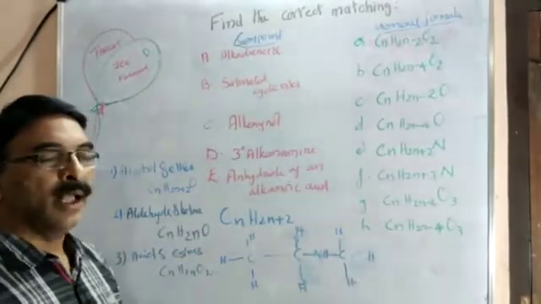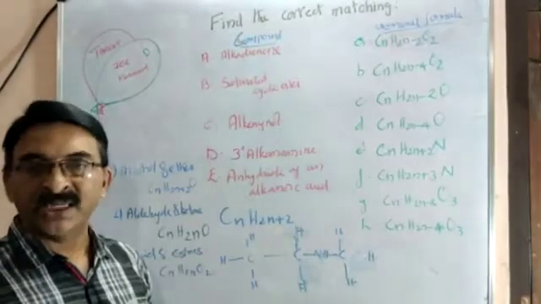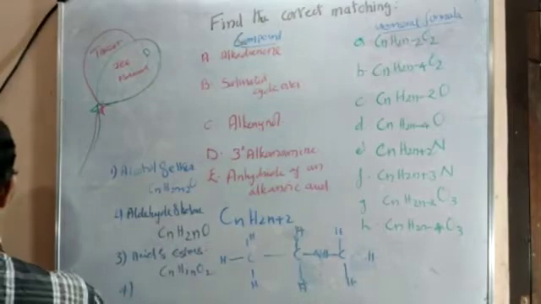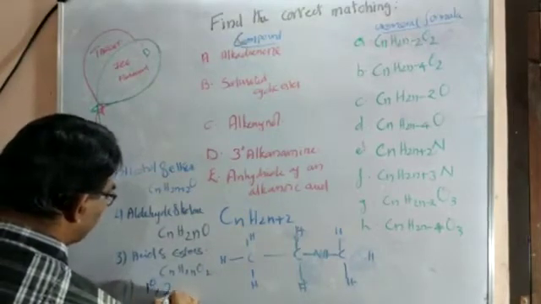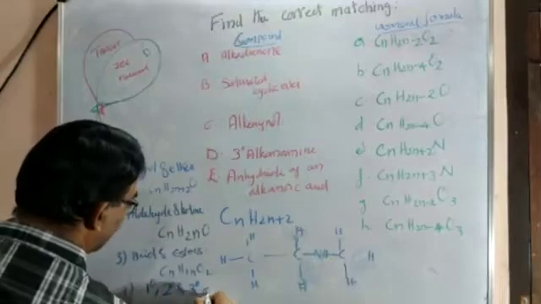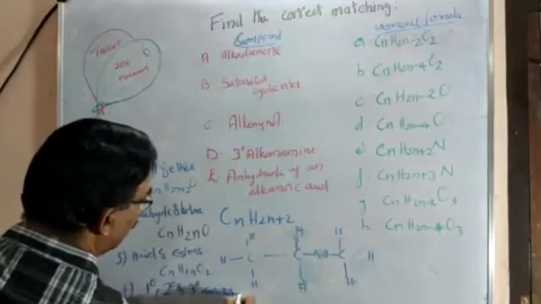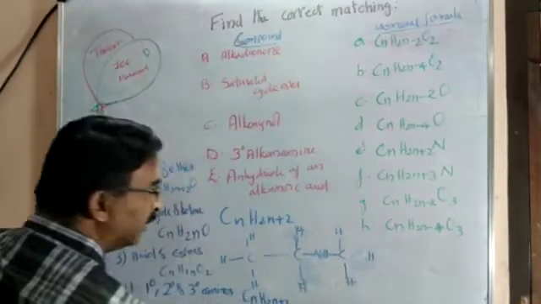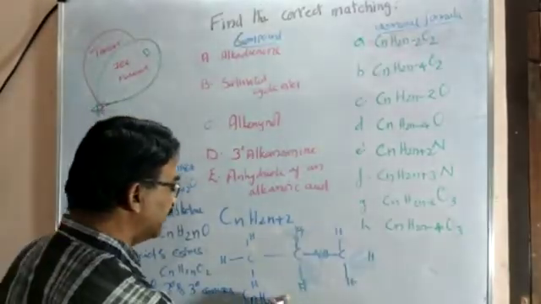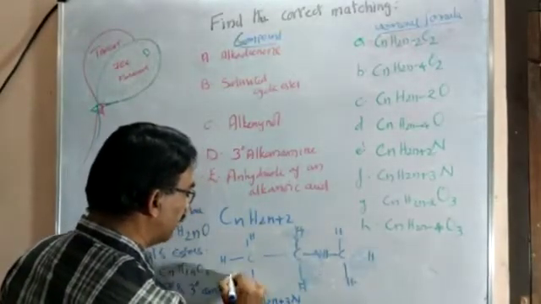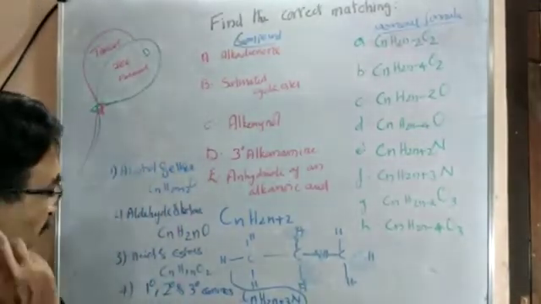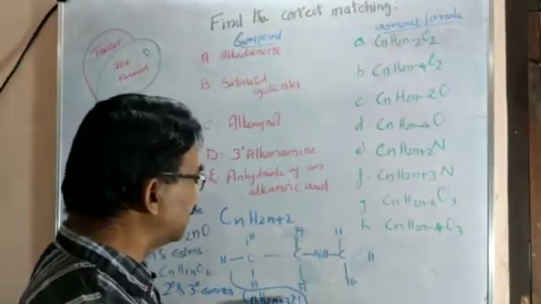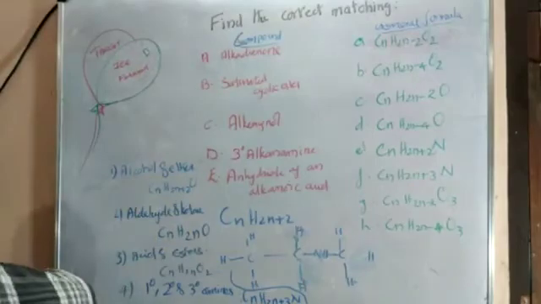So primary, secondary and tertiary amines have CnH2n+2 NH, meaning CnH2n+3N. All have the condensed general formula CnH2n+3N. Okay, that much is the basic information.